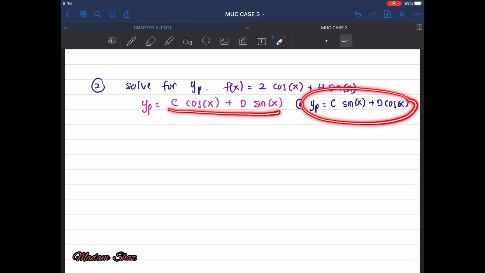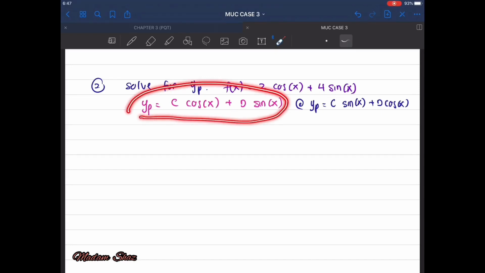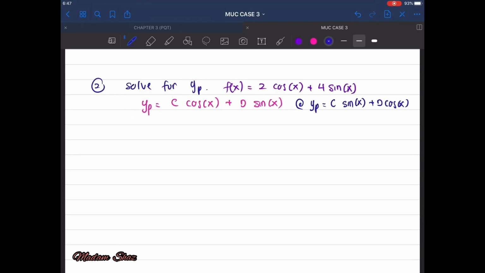Either one will be accepted. You can arrange cos at the front or sin at the front. For my solution, I will proceed with C cos x plus D sin x.